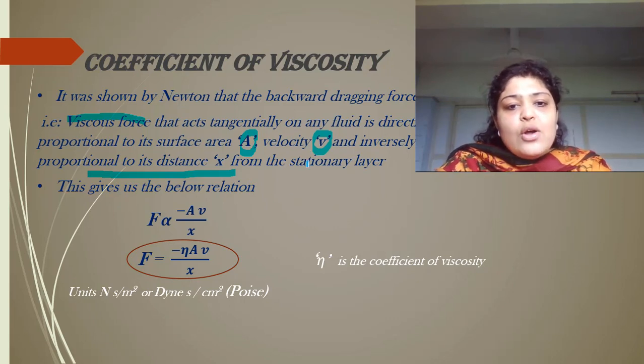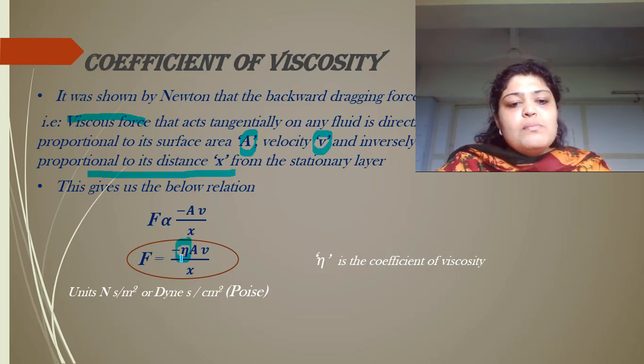Combining all three relations, I can say that force is equal to minus AV upon x, where A is the cross-sectional area, V is the velocity, and x is the distance from the stationary layer. To remove the proportionality sign, I define a constant known as eta.